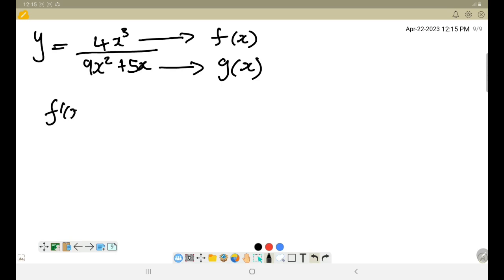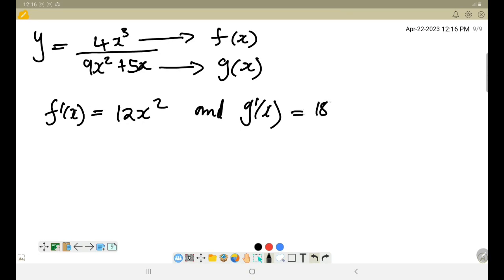If we differentiate the top one, we get 12x squared. Because we have already explained how to differentiate using power rule, we won't spend so much time on that. And when you differentiate the bottom one, which is g prime, we get 18x plus 5.